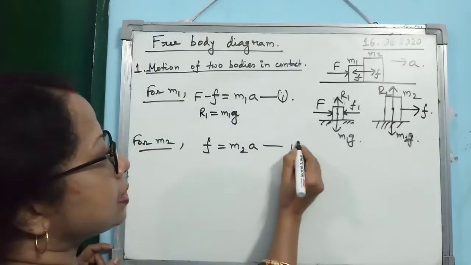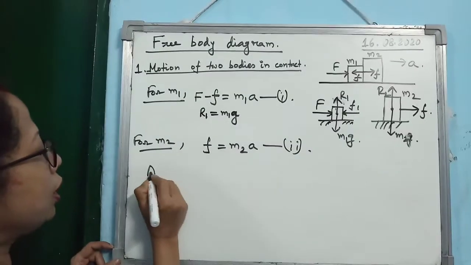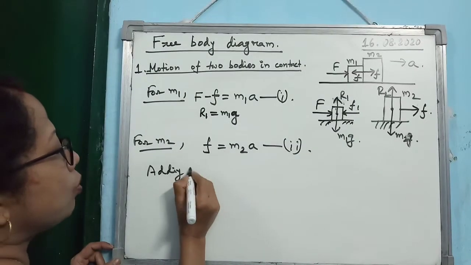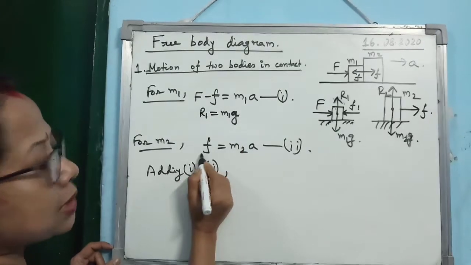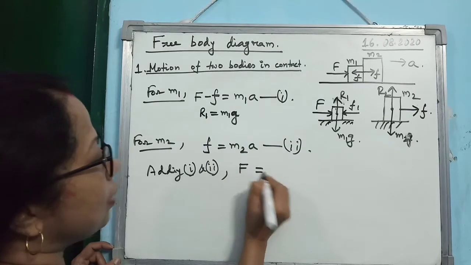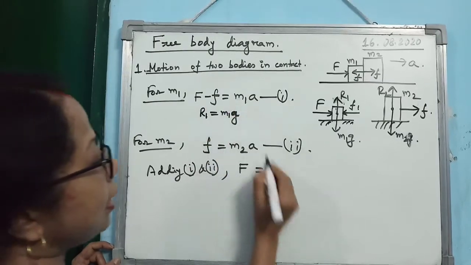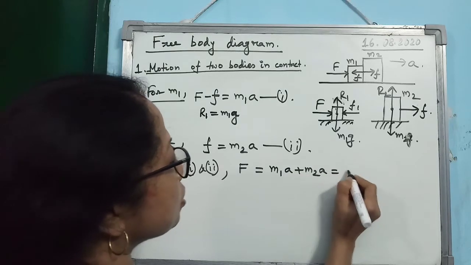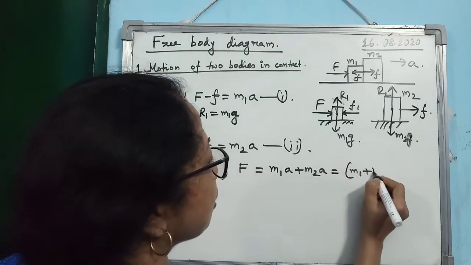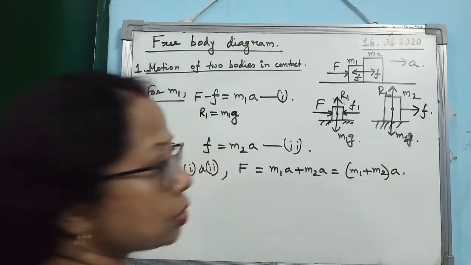Is that clear? This is equation 2. So if you add equation 1 and 2, then what are you getting? Minus f plus f will get cancelled. So you will have F on the left hand side, and on the right hand side you are getting (M1 plus M2)A. So F is equal to (M1 plus M2) into A.